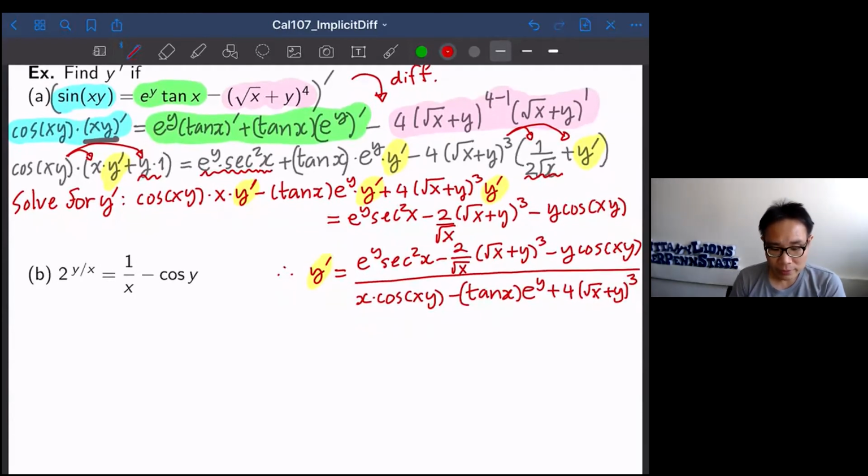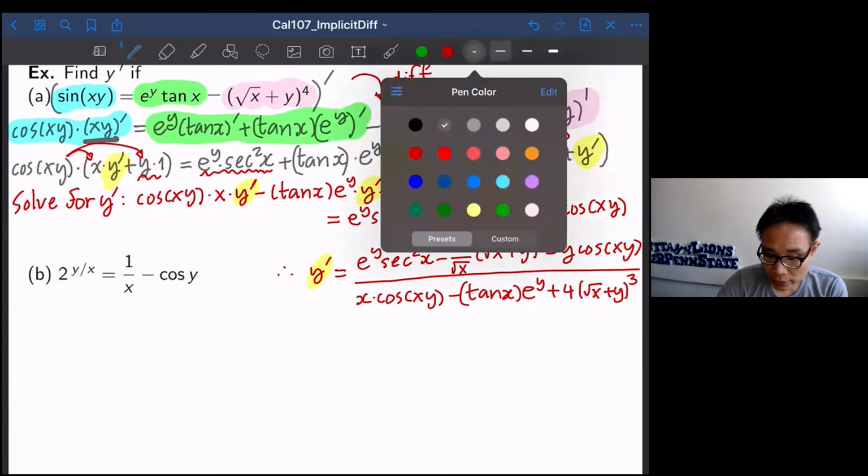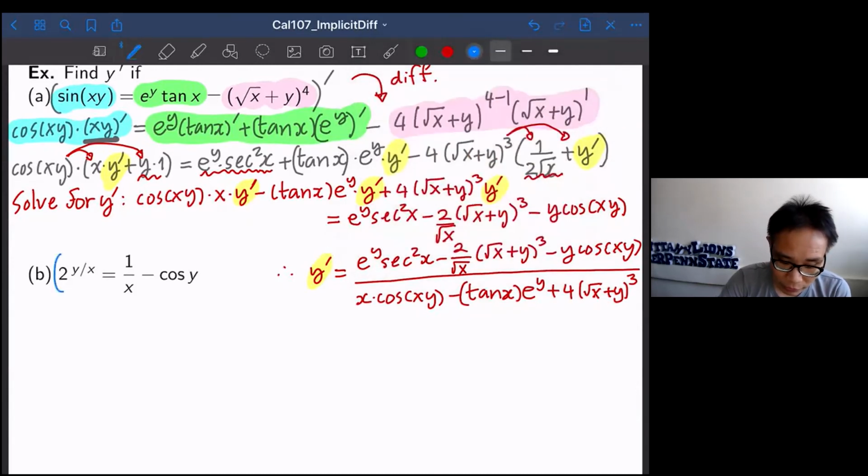The next one, you have 2 to the y over x, 1 over x cos y. So you want to find y prime. Again, we're gonna basically differentiate this without solving for y. So you see that on the left side, you would differentiate 2 to the y over x.